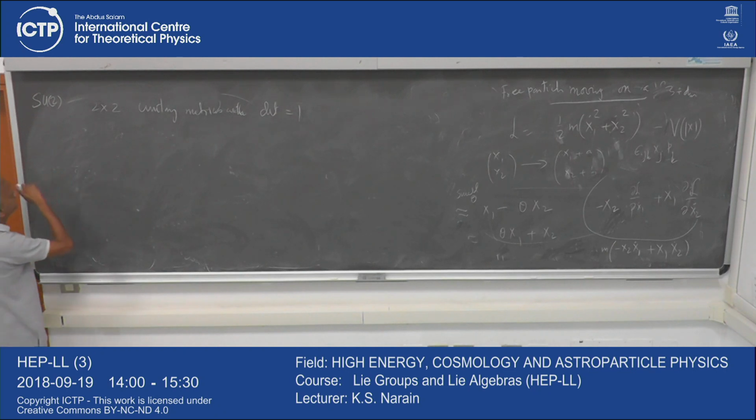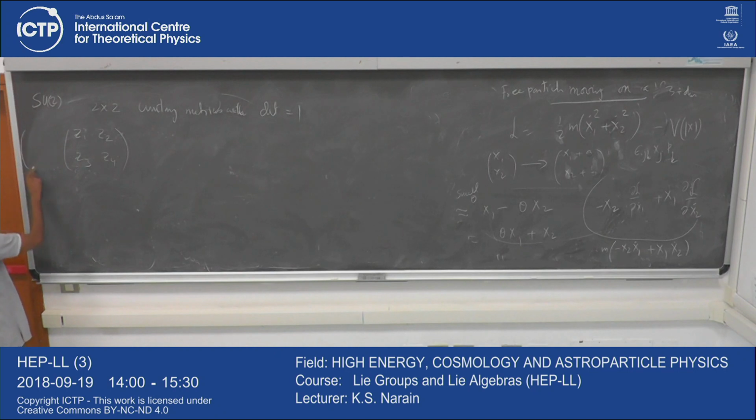Let's go through the proof of the most general form. The most general 2 by 2 matrix is complex, so these are 4 complex parameters, and they have to satisfy the unitarity condition.